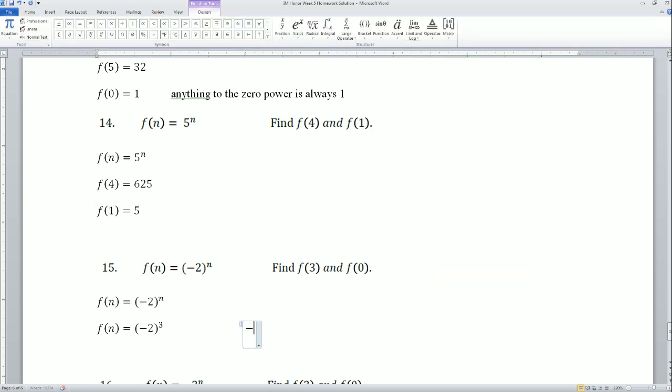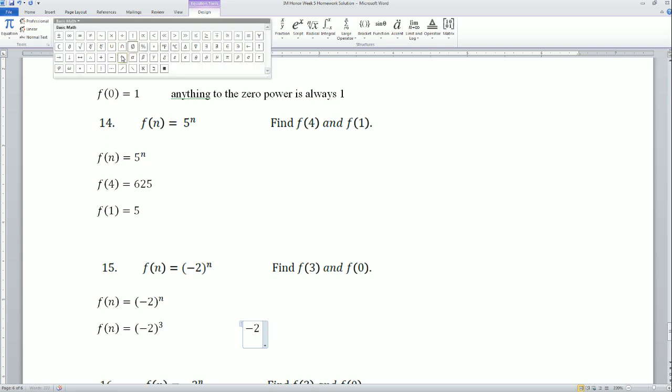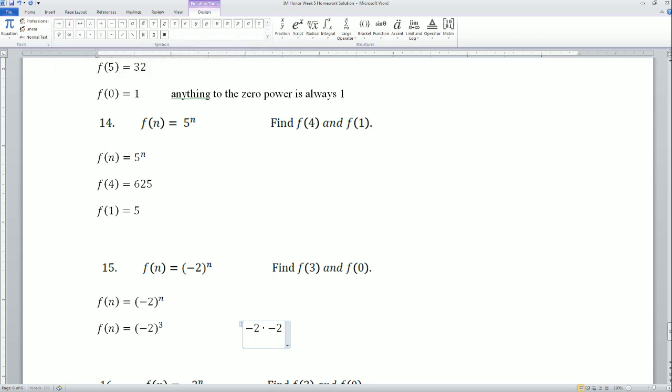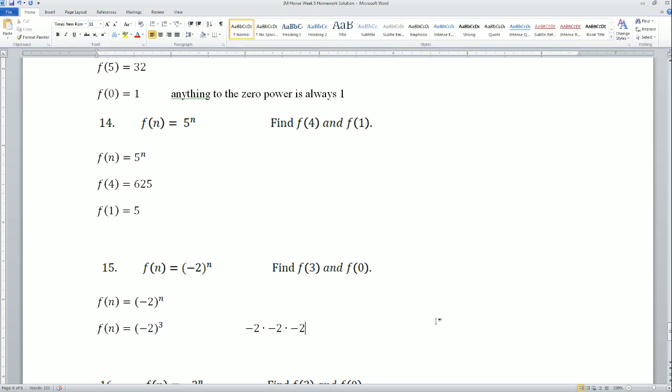This means -2 times -2 times -2. That's what this means. This should be equal to -8, right? -2 times -2 is +4, times -2 is -8.